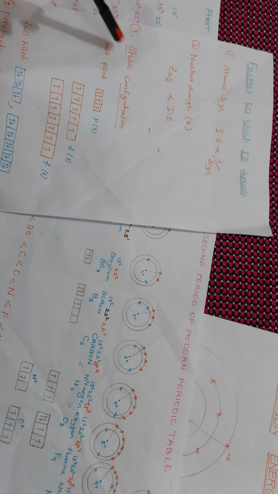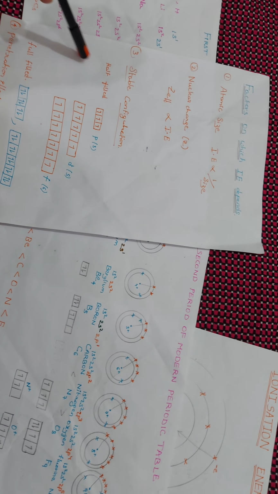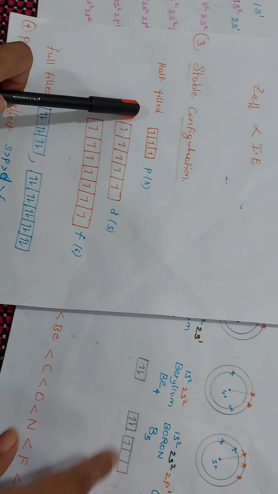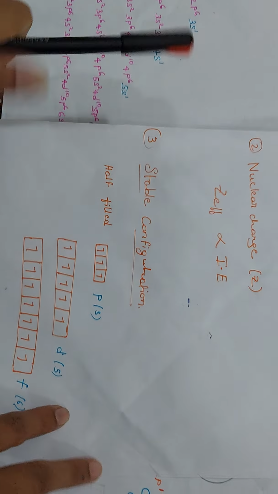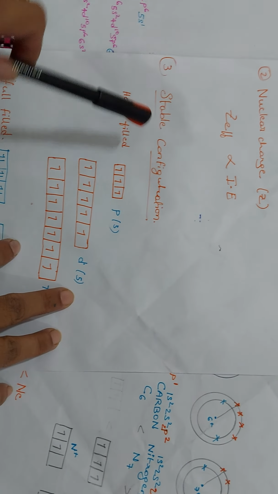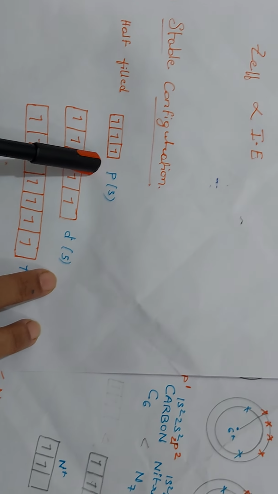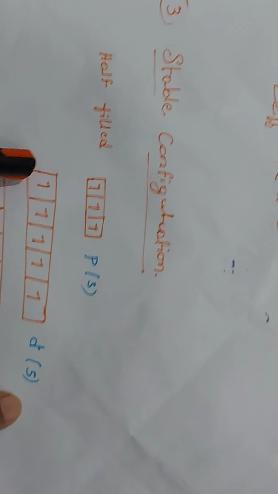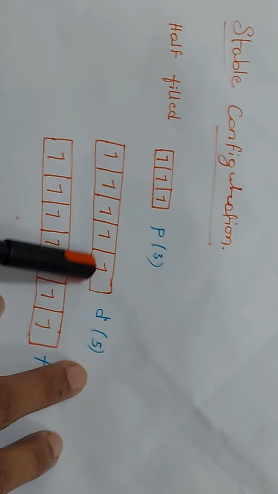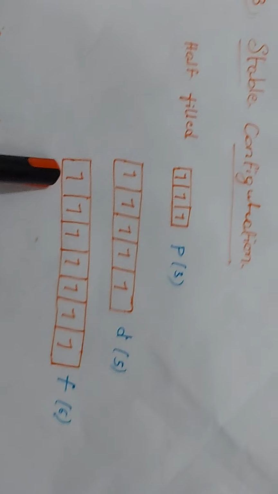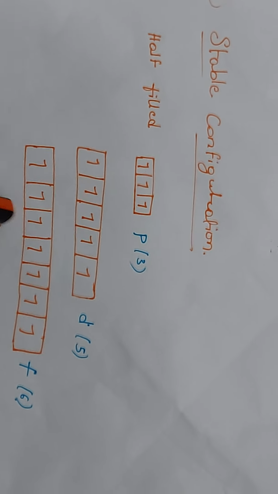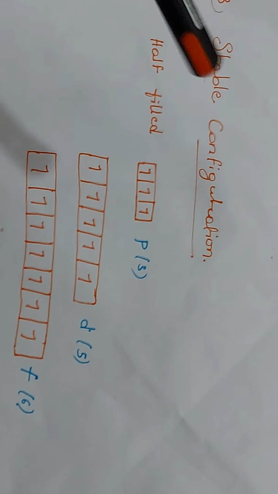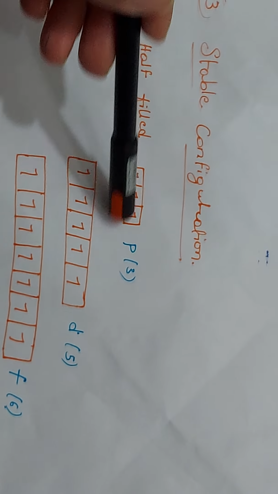So see here, what are stable configurations? Half-filled configurations. For p orbital, half-filled means 3 electrons in the p orbital, and for d orbital, half-filled means 5 electrons. For f orbital, we generally don't use it, but yeah, half-filled means 7 electrons. This kind of configuration is called half-filled.